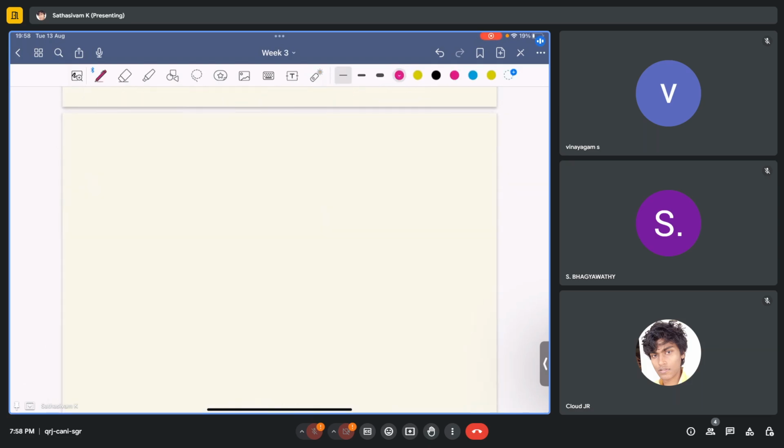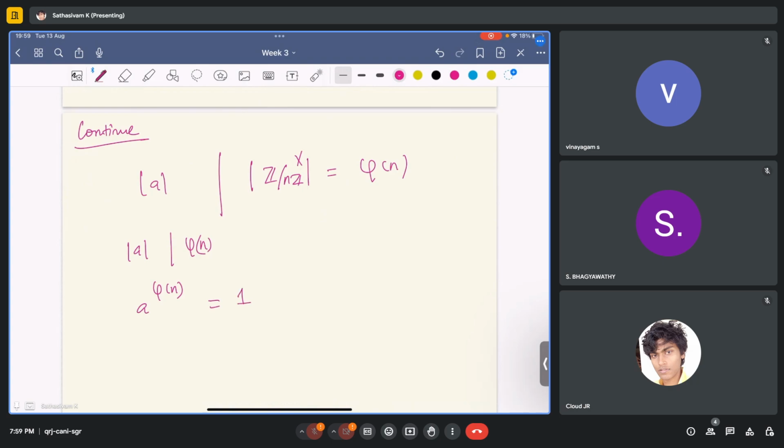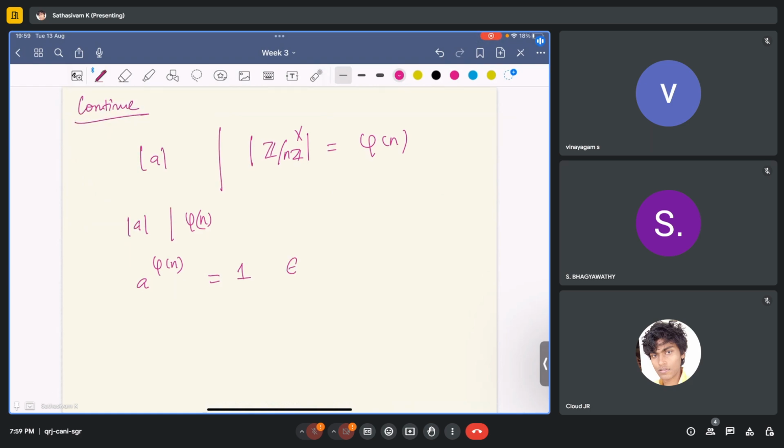Now continue here. The order of A has to divide the order of Z mod N Z star, but this is phi of N. So that means the order of A divides phi of N. That tells you if you take A power phi of N, this is nothing but equal to 1 in Z mod NZ.